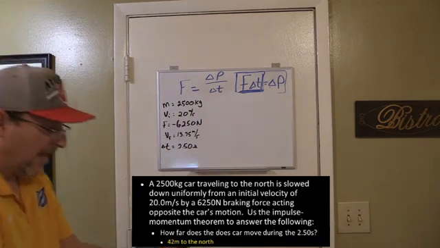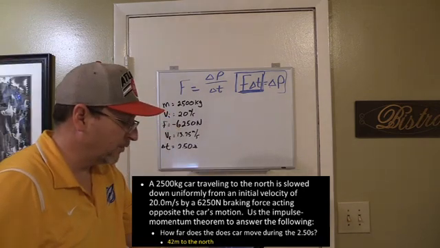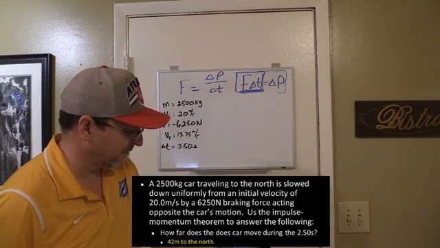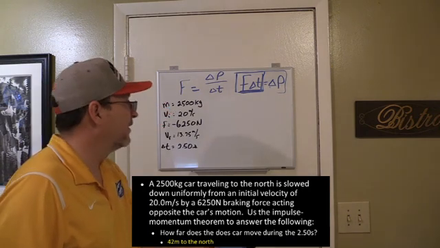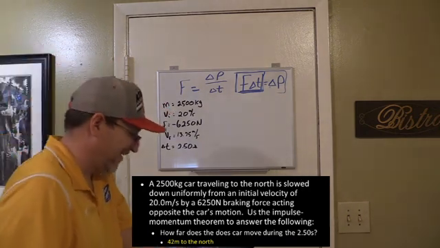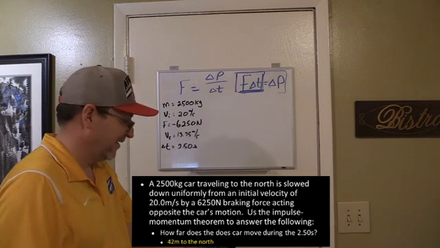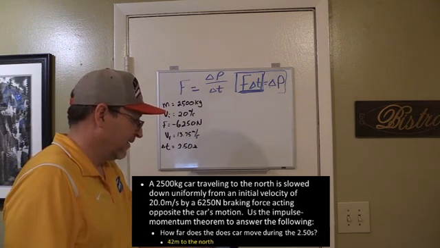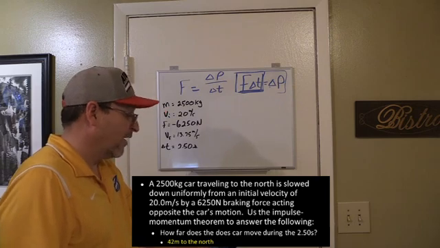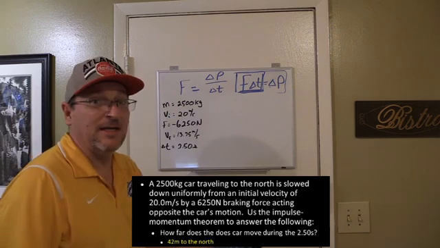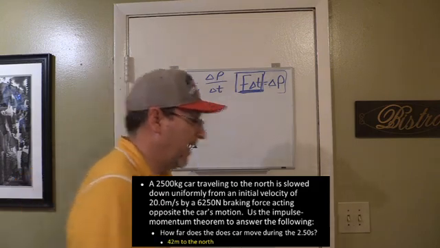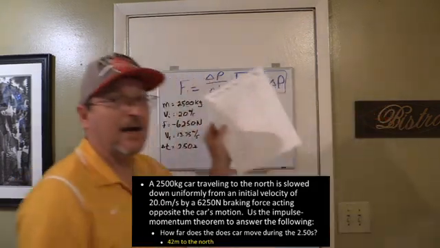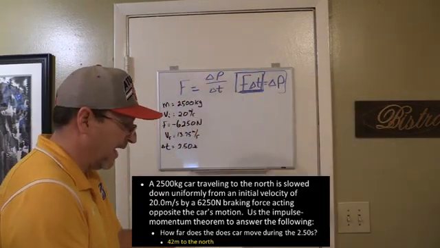All right. How far does the car go during the 2.5 seconds? Okay, for this one, I'm actually going to need my kinematics. So I'm going to go back to my equation sheet, and let's see.